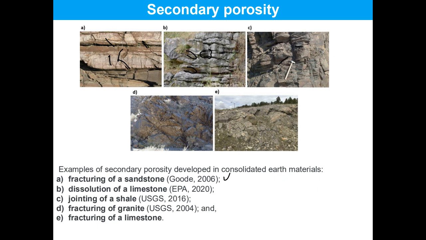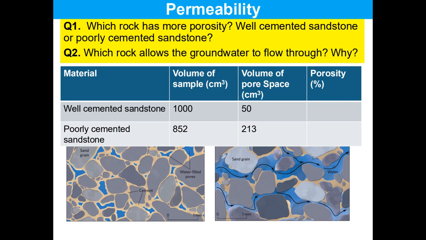Now we get to another important term, which is permeability. And we're going to look at the definition later. So again, looking at this example we have here, the question asks you, which rock has more porosity, well-cemented sandstone or poorly cemented sandstone? We did this before, and we found that the first one has 5%.